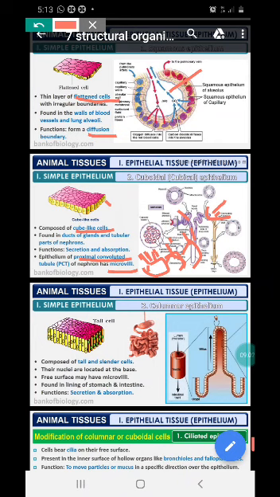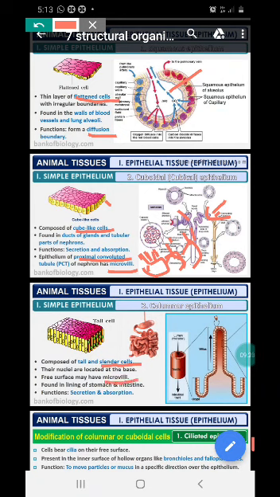Okay, now columnar epithelium. As I told you, they are very tall and slender cells, and their nuclei are located at the base of the cells, and the free surface may have microvilli. Not every columnar cell has microvilli.